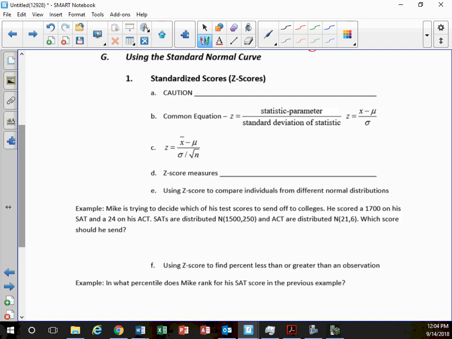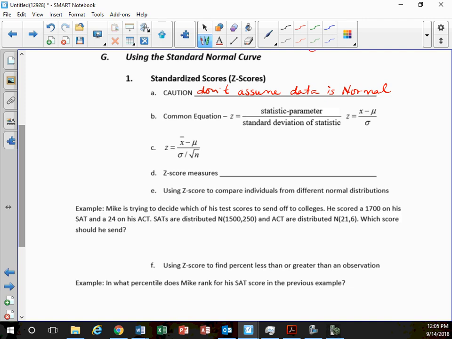So the first bit of caution, don't assume data is normal. Okay, don't make that assumption.